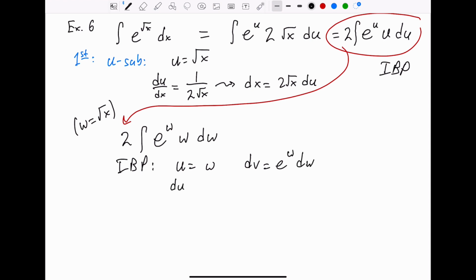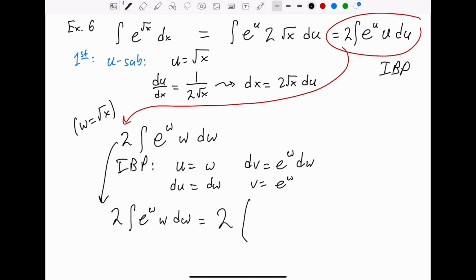We find the derivative of u, this is dw, the integral of v, just e to the w, and now apply ultraviolet voodoo. We have 2 times uv minus the integral of v du, which is just dw.